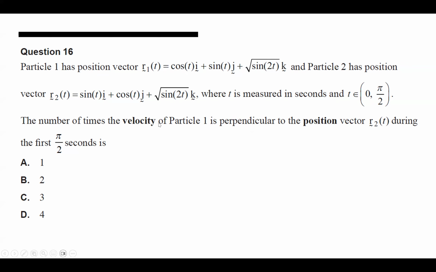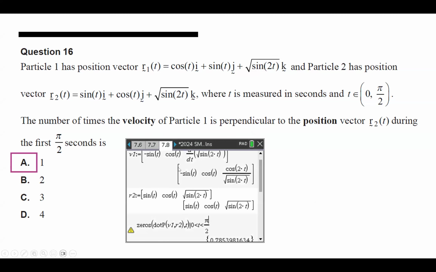The question says the velocity of particle 1, so we need to differentiate this expression either by hand or by CAS, preferably by CAS. Perpendicular means the dot product between the velocity of particle 1 and position vector R2 equals 0. You can define V1 directly.